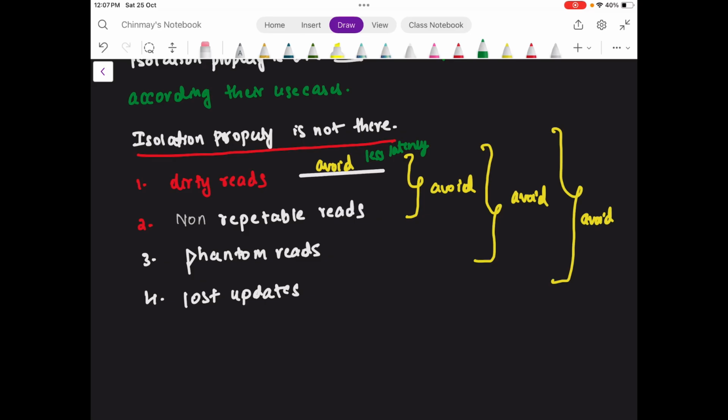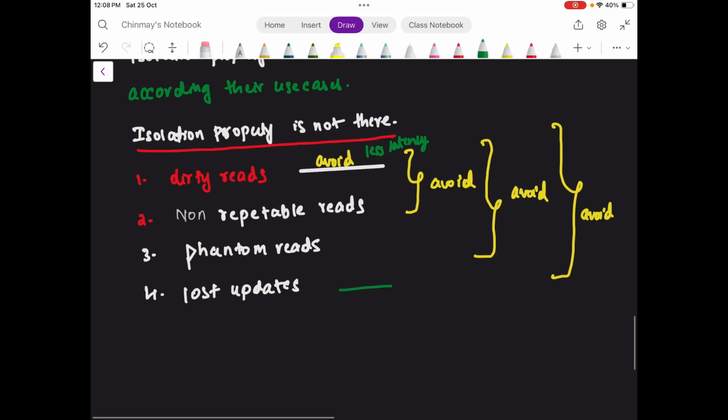If the user avoids dirty reads and non-repeatable reads, it has more latency than this. If the user avoids dirty reads, non-repeatable reads, and phantom reads, it has more latency than these two. If the user avoids all four problems, then we have the most latency.